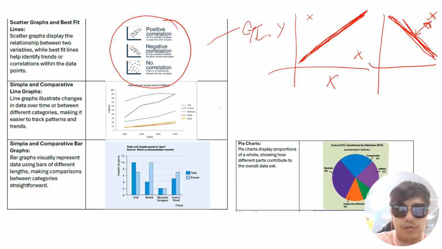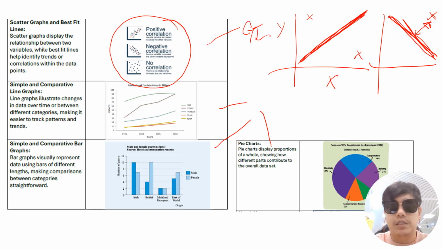For these three graphs or charts that we are talking about, there might be a possibility that in your O levels paper you may be given a chance to complete the graphs. Do not miss that question. It usually will be a 1 mark question.